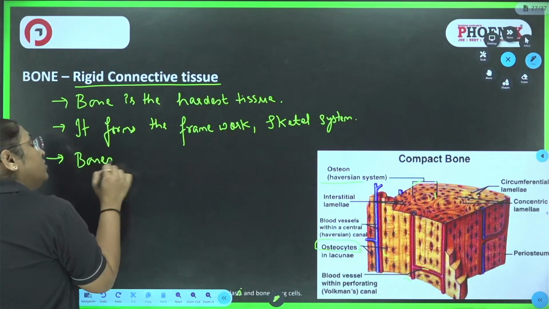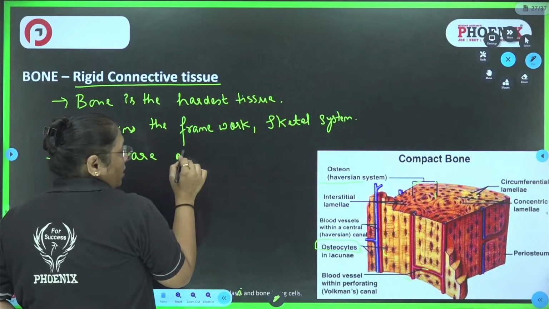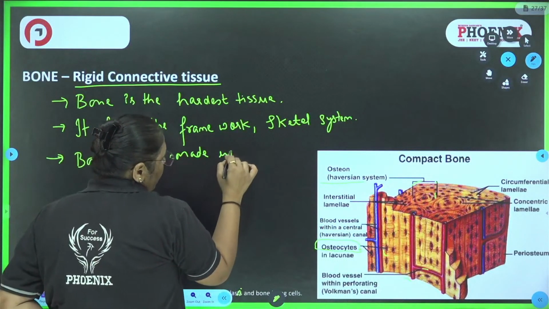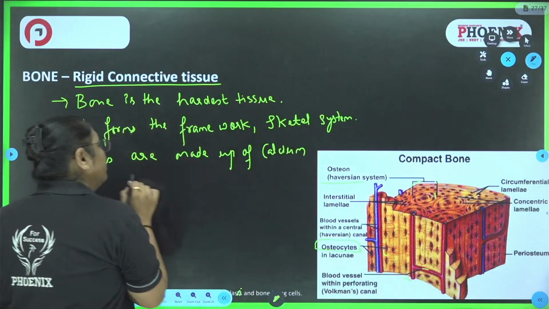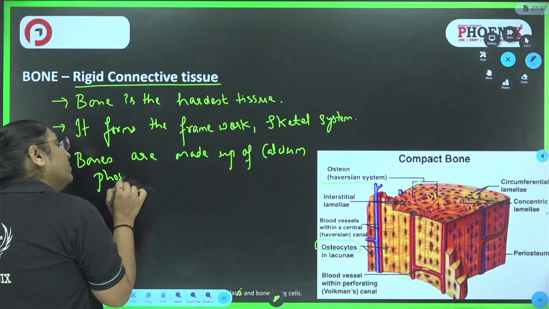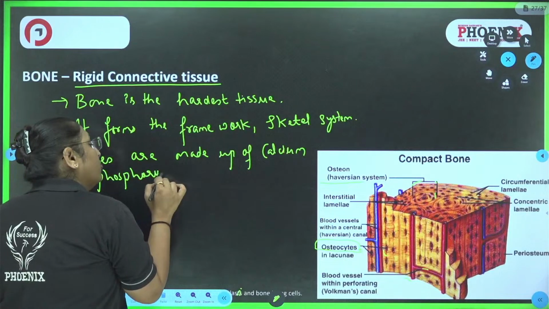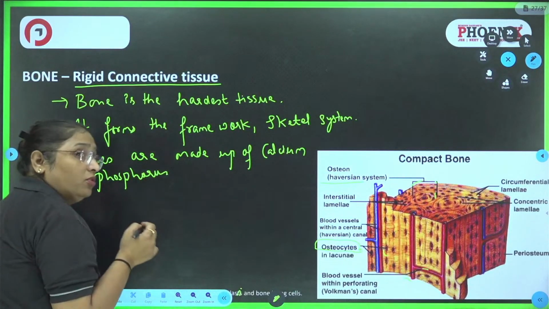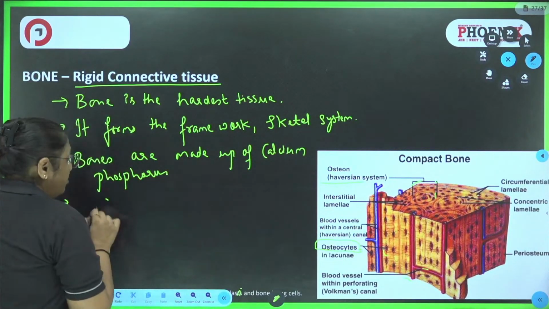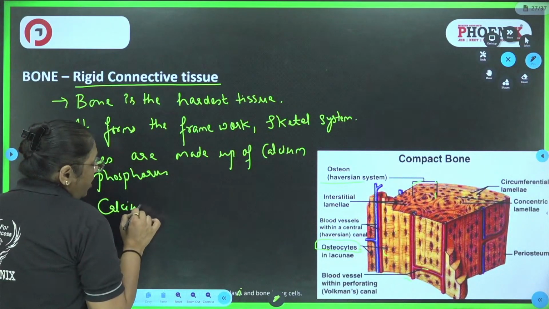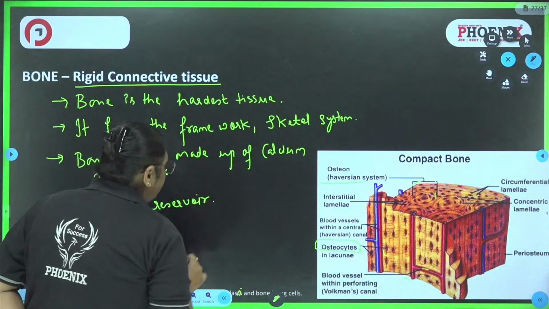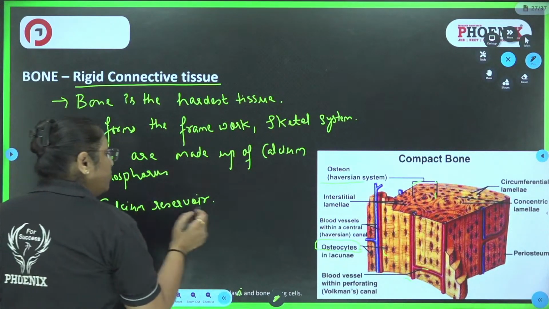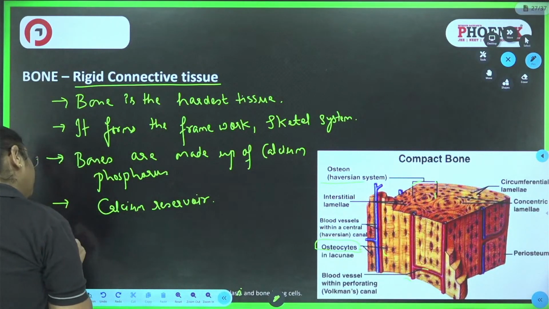Bones are made up of calcium, phosphorus. We all know that it is the calcium reservoir. Whenever the body needs calcium, it is extracted from the bone. It is the reservoir of calcium.